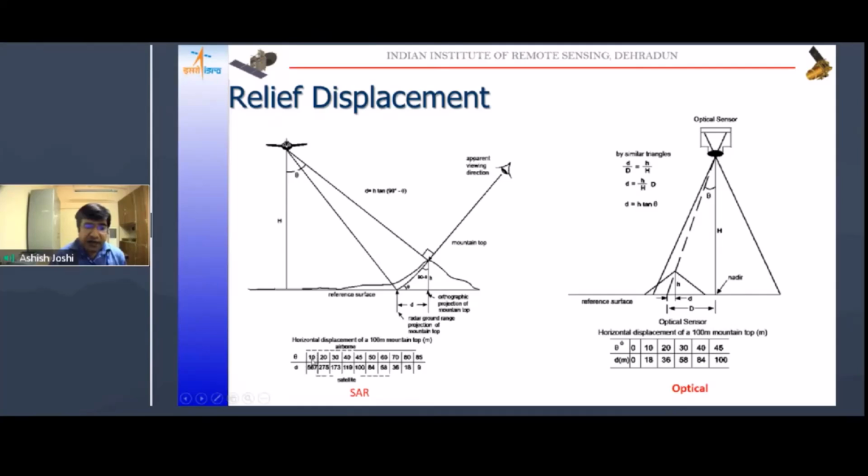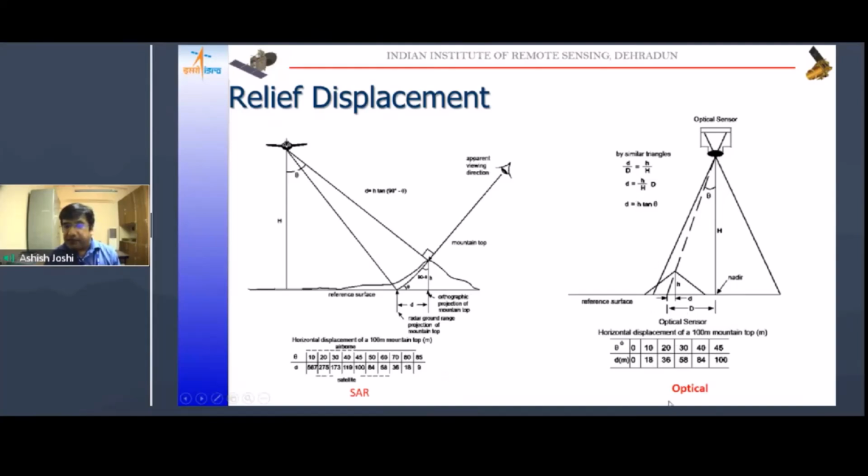So if we have a 100-meter height for a 10-degree look angle, we have a 567-meter distortion at the low look angle, and this will decrease as we go from near range to far range. Now you can see the optical sensor.